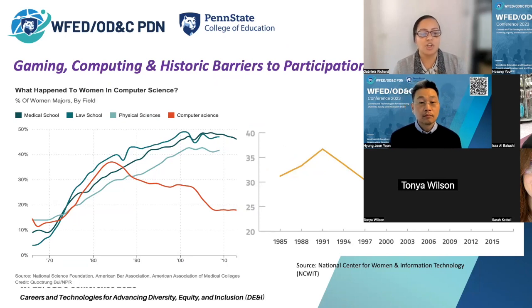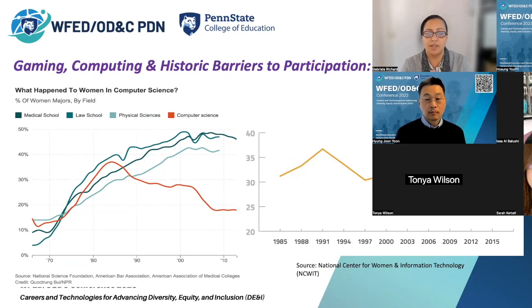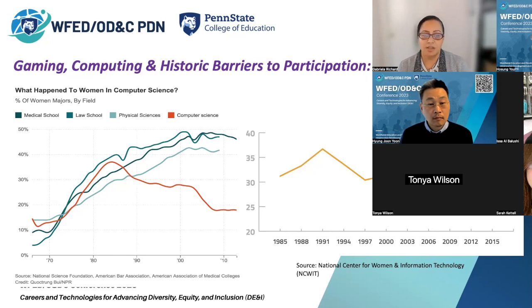But then there was a sharp decline in the 1980s, which coincided with the rise of video games and game culture. There has been a marked shift, which they were able to trace back to those gendered biases around gaming and computing, who was supported and who wasn't.